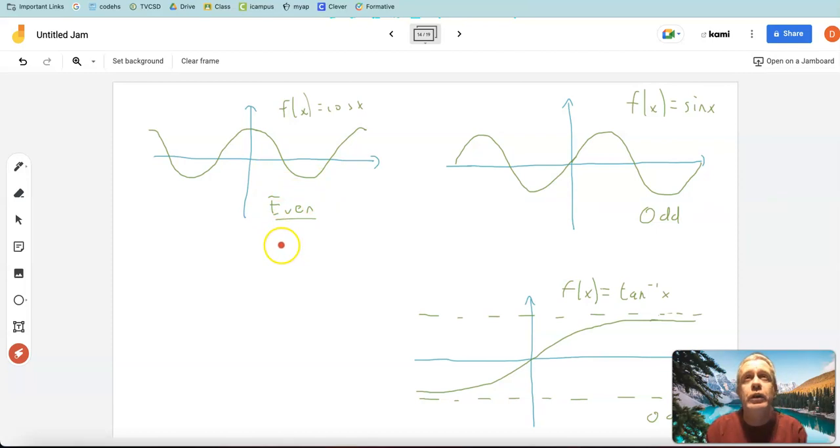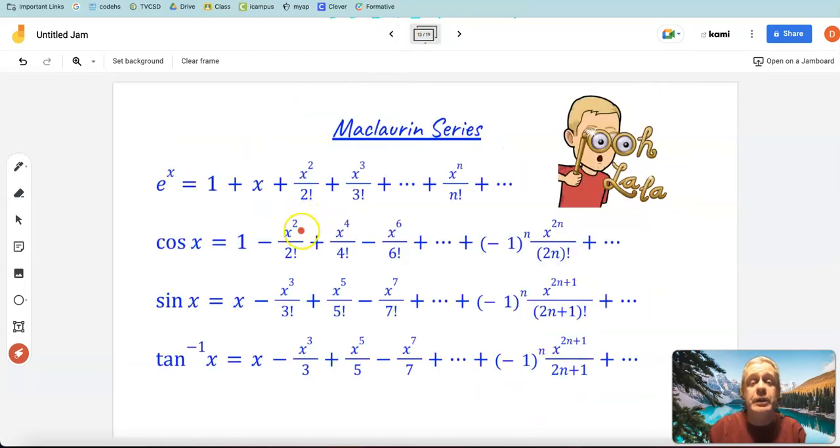But if you really look underneath the hood here, the real reason why cosine is an even function is because the Maclaurin series that represents cosine of x has all even powers of x's. And remember that this Maclaurin series is going to behave exactly like the cosine function around x equals 0.